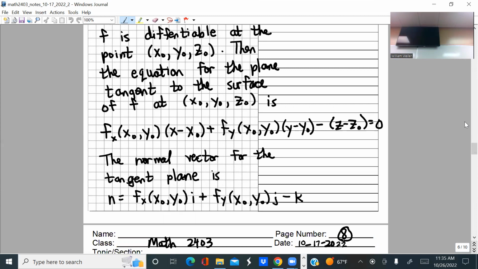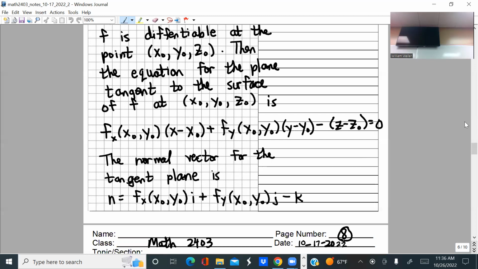That's going to be the coefficient of i in the normal vector. The coefficient of y minus y0 is going to be the coefficient of j in the normal vector. And then the coefficient of z minus z0 is going to be the coefficient of k. But that always turns out to be -1. So that's just always going to be given as -1 for the vector.